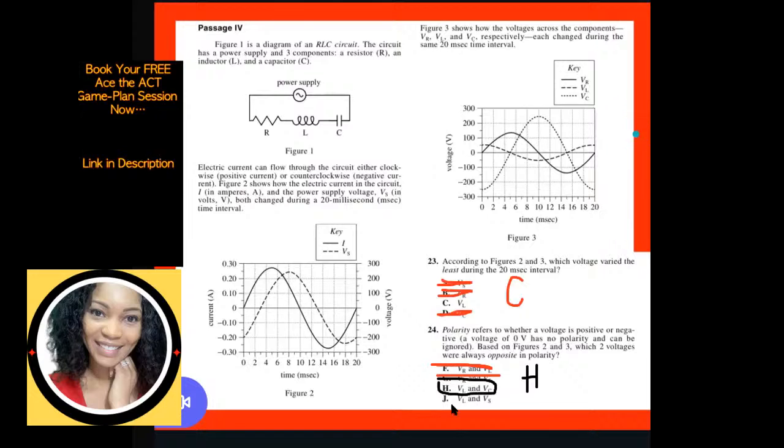For J, we are comparing V sub L, which is this one, to V sub S, which is this one. Okay, and so to make this very, very clear, I'm going to section it off so you can see where each one is positive and where it's negative.